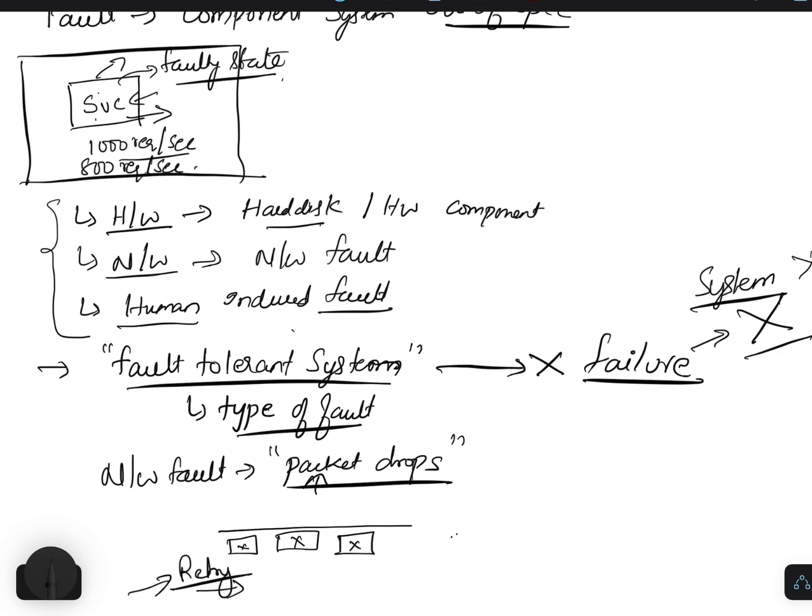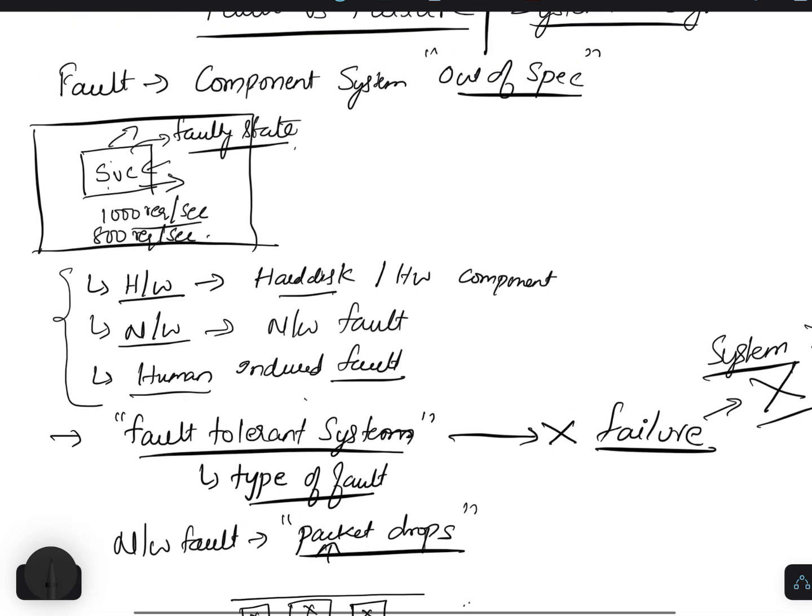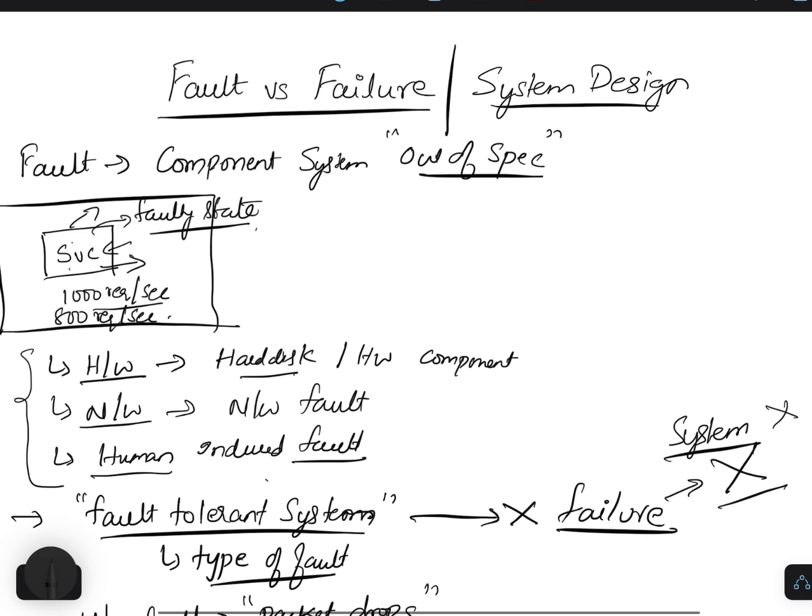There are other design choices that we need to make to tolerate different types of fault. Essentially, what I mean to say is that a fault cannot be completely prevented or avoided. So it is up to the system engineer to design a fault tolerant system such that the system will not go into a failure state.